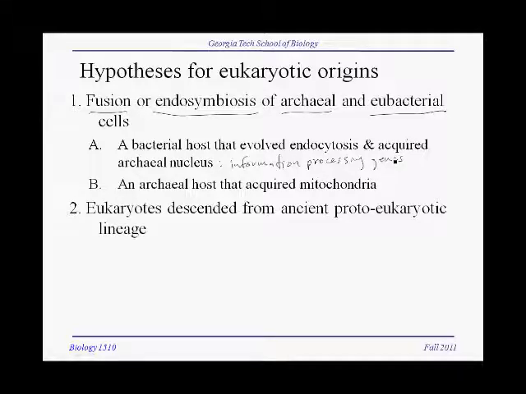So the stuff that happens in the nucleus appears to be mostly of archaeal origins. And so it makes sense to think that maybe an archaeal cell became the nucleus. Whereas the genes that are involved in processes that occur out in the cytoplasm, such as energy metabolism, appear to have counterparts or close relatives among the bacteria.